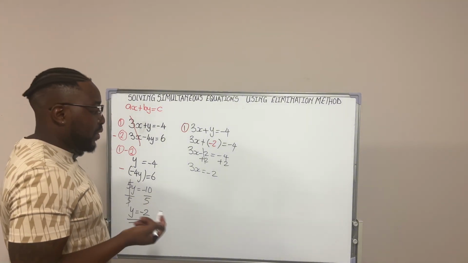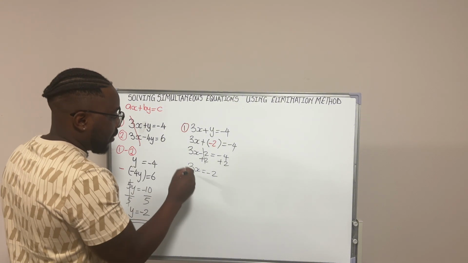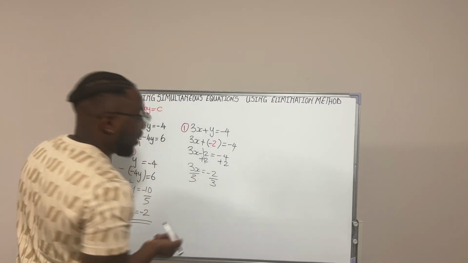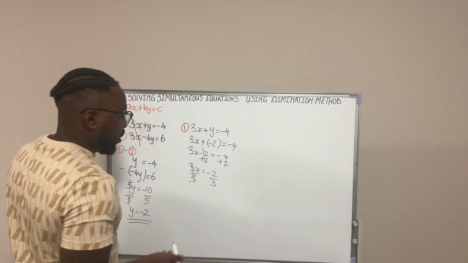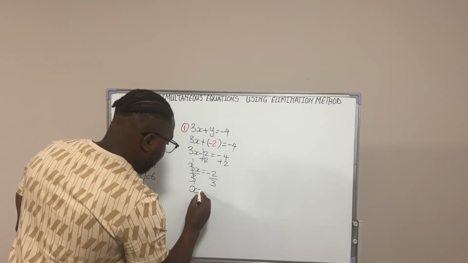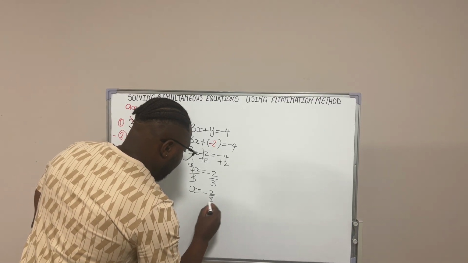What's our next step? We have to find the value of x. And how do we do that? We isolate x by dividing both sides of our equation by 3. 3 into 3 is 1, 1 multiplied by x is x, equal to negative 2 over 3.